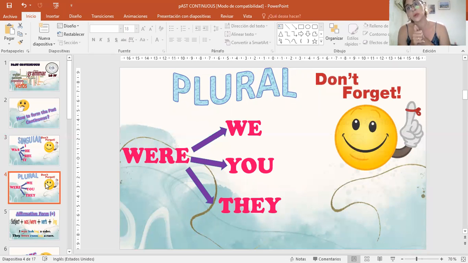In the case of the pronoun we, remember that it is a pronoun we use to refer to a group of people where we are implied, where we are part of that group. So we say we, okay? I am included there. What about you?